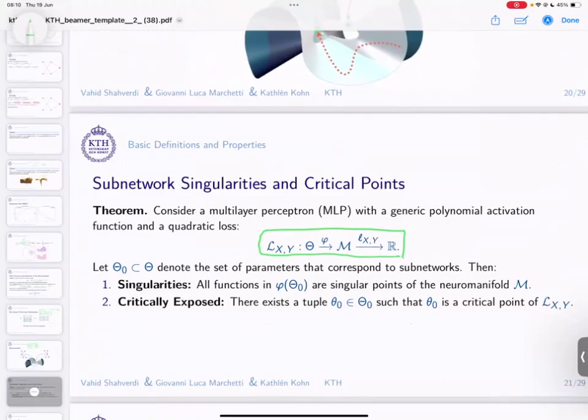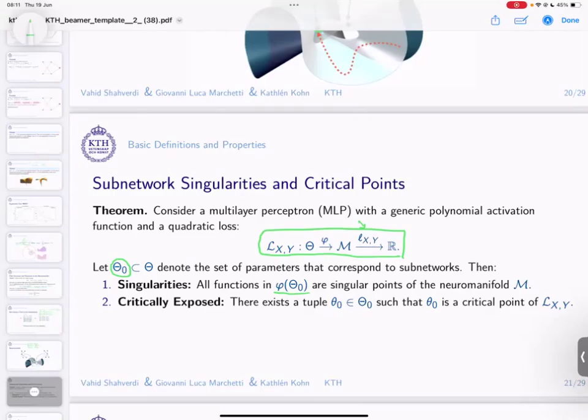Phi is the parameterization, and small l is just the loss function induced by the big L. Now consider Theta_0, the set of all parameters that correspond to a subnetwork. Then we have these two following things. All functions in phi of Theta_0 are singular points of the neuromanifold, because a lot of things are going to map to one point. So we get singularities like this.